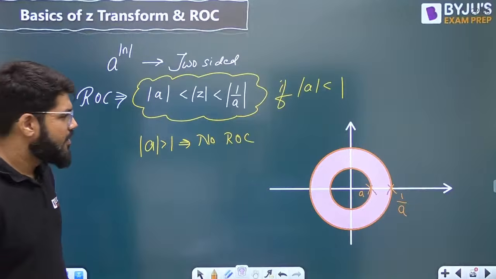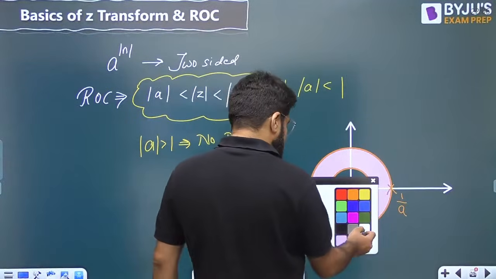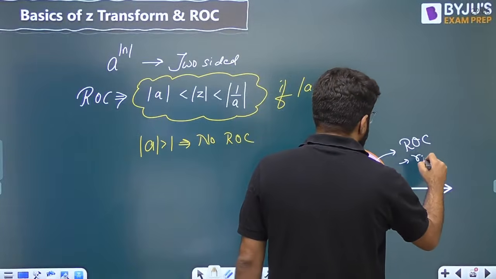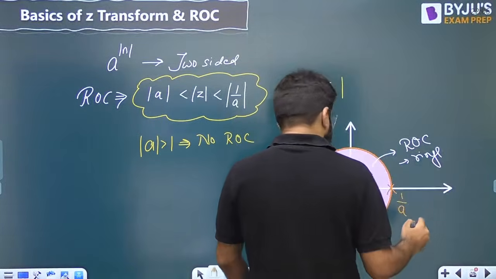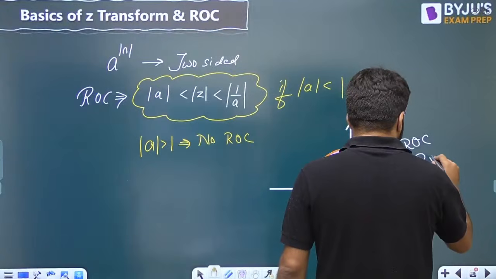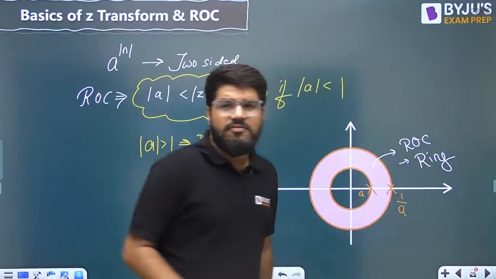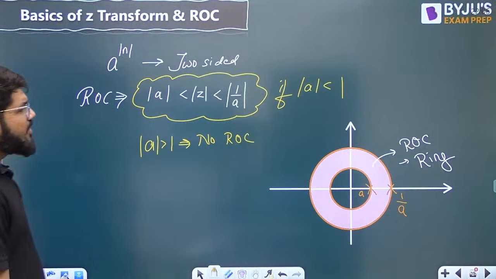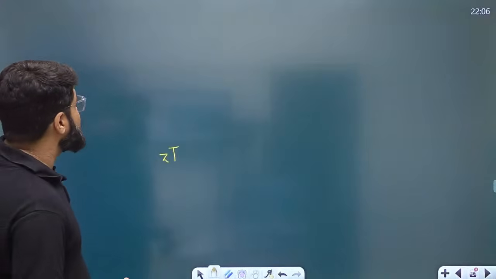This is the ROC, which is here in the form of a ring. So that is the next point I was telling you.